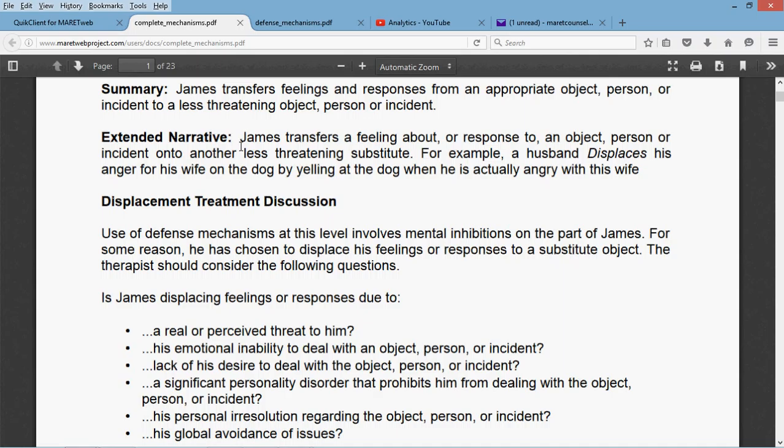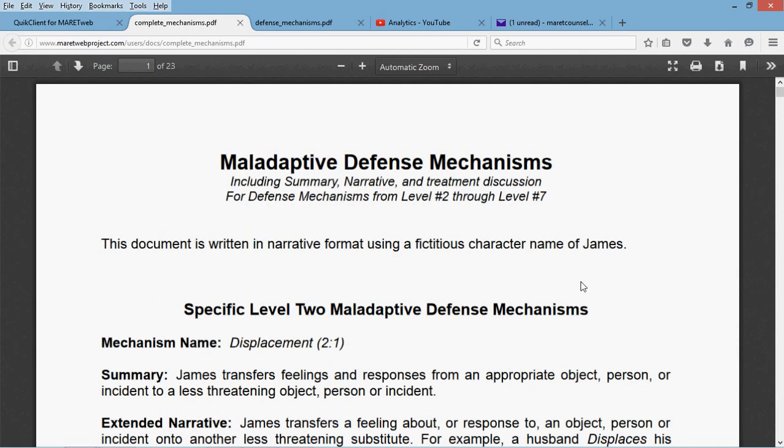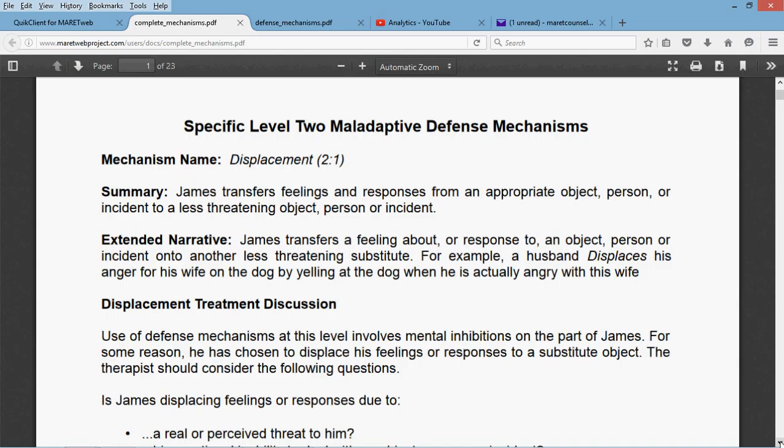So you can see this is a 23-page document, and it deals with all of the maladaptive defense mechanisms. Level 1 is not in here because there's nothing maladaptive about level 1 mechanisms. So we start with level 2 mechanisms and go all the way down through level 7.